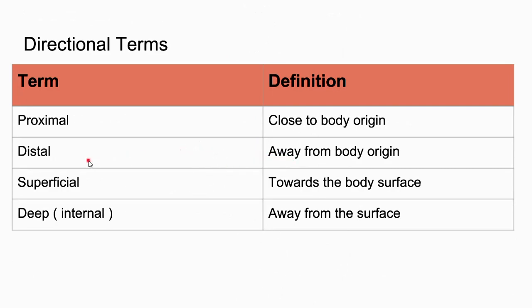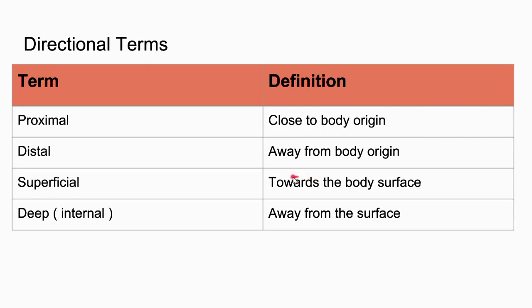Other terms include superficial, which means towards the body surface. Any organ which is close to the body surface is called superficial. We can talk about superficial veins, those veins which you are able to see when you tilt your hand.